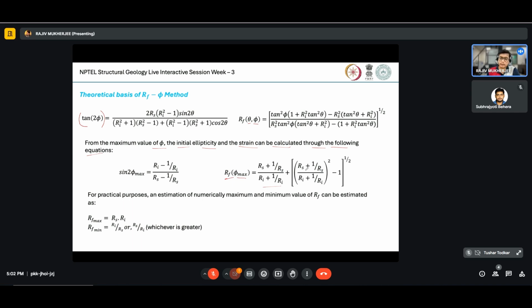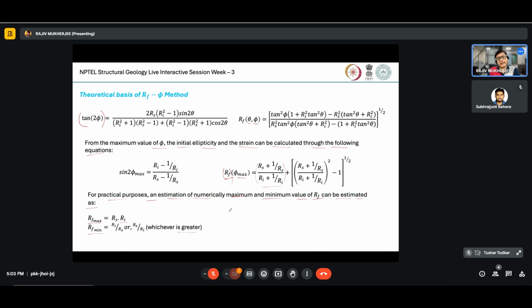So you take the square root of this, and from this we get the analytical value of Rf. However, for practical purposes, the numerically maximum and minimum values of Rf can be estimated as Rf max equal to Rs multiplied by Ri, and Rf min, which can be represented by either Ri by Rs or Rs by Ri, whichever is greater, right?